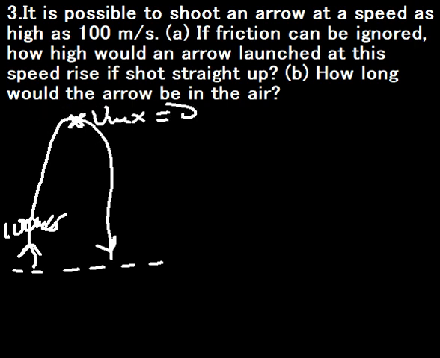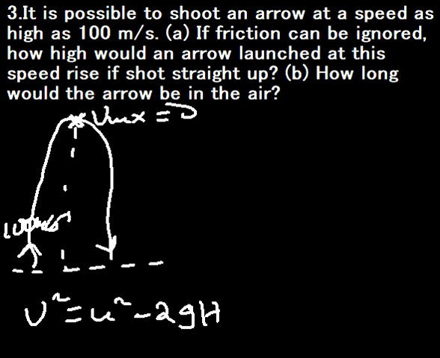Now question A says that we should calculate the maximum height. So what is that? We have V squared is equal to U squared minus 2gh.